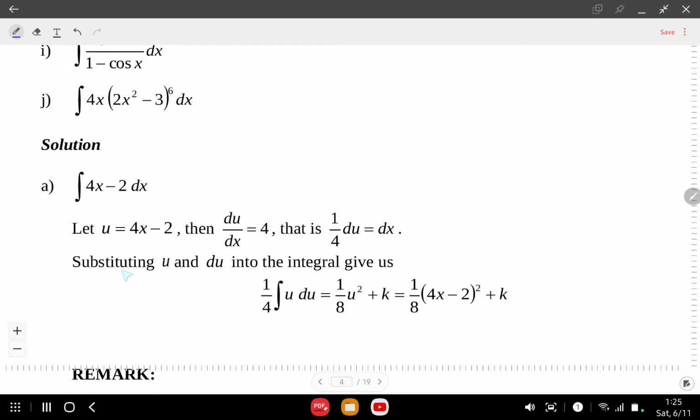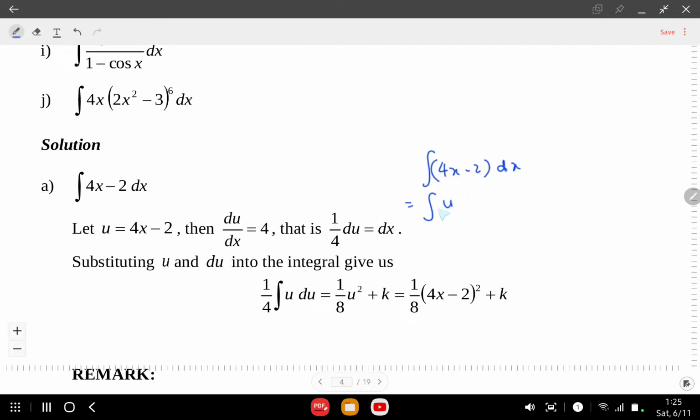Okay, so substitute all of our assumptions into the original question. The original question is 4x minus 2, dx. This is our u, because our u is 4x minus 2, so here we will substitute it as u.